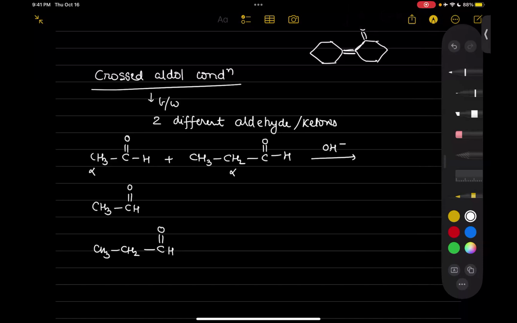Write both the aldehydes and side by side write the carbanions which are formed by the removal of H plus at the alpha carbon. So this is one of the carbanions. Got it?